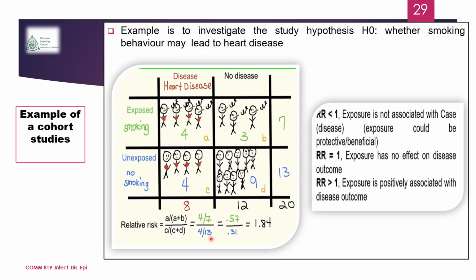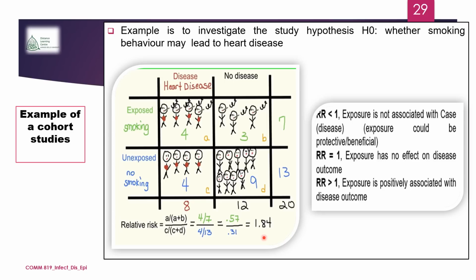So you have 4 over 13. When you do simple cross multiplication, you get 0.57 over 0.31, and your relative risk is 1.84. Instead of saying 1.84, you may just multiply by 100 to give you 18.4%.